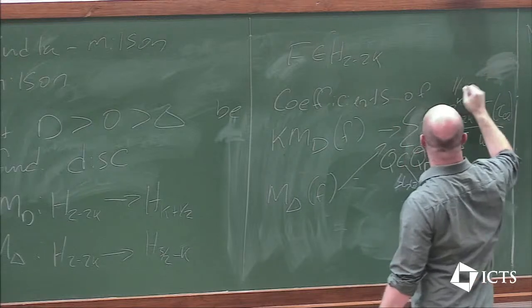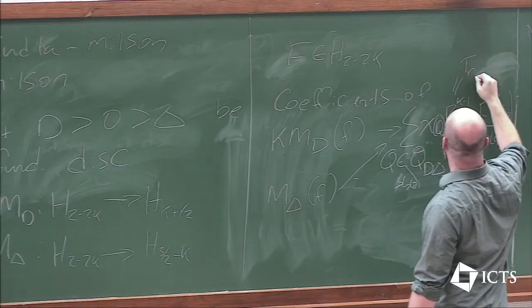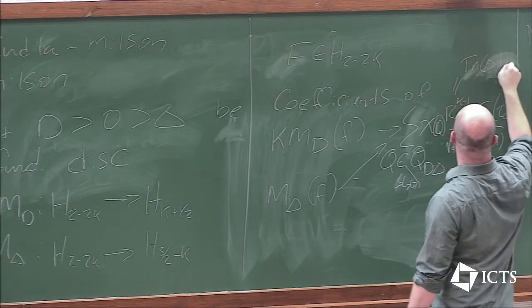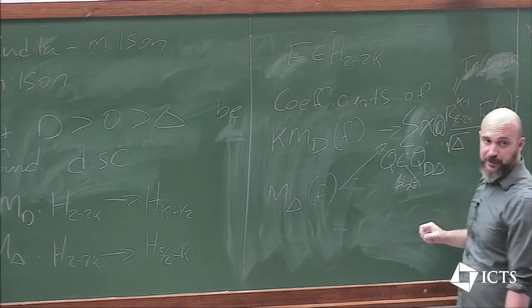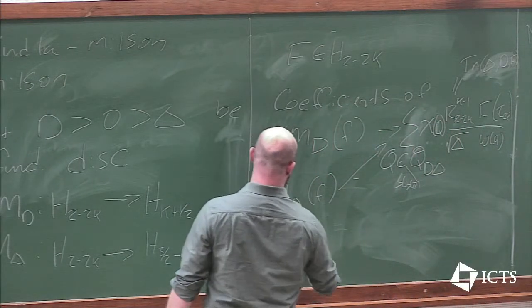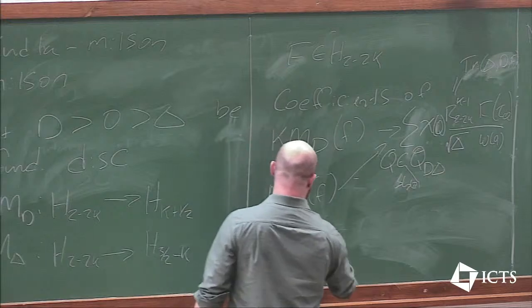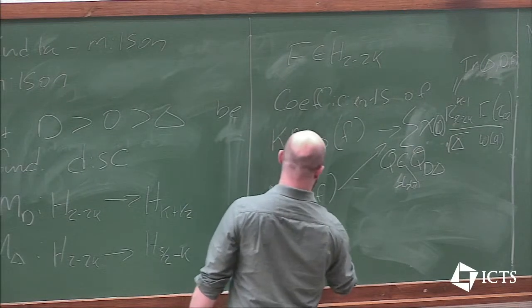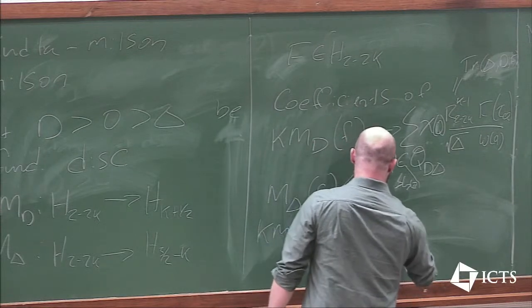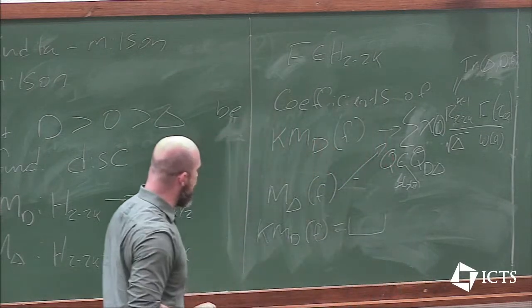So if I call this expression the trace, TR sub delta, D of f, then the formula here is that I get my Kudla-Milson lift for D of this function f is equal to, so there's going to be a principal part which is a little bit more complicated.